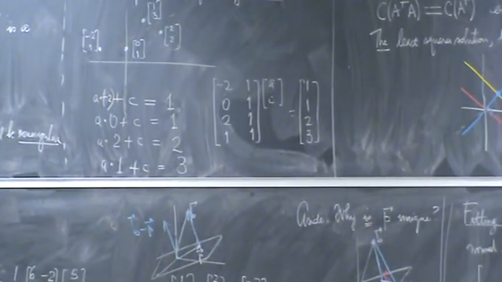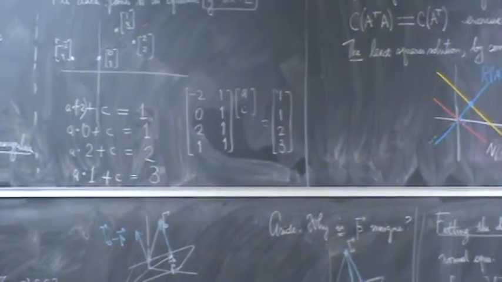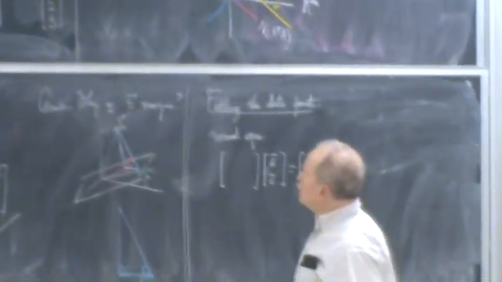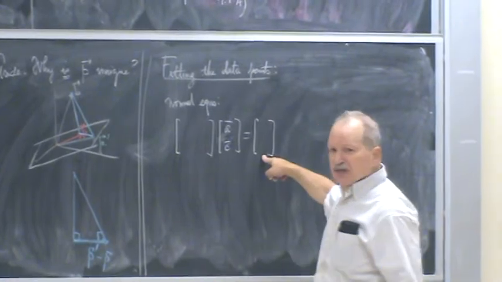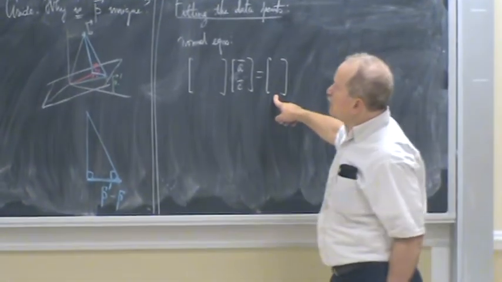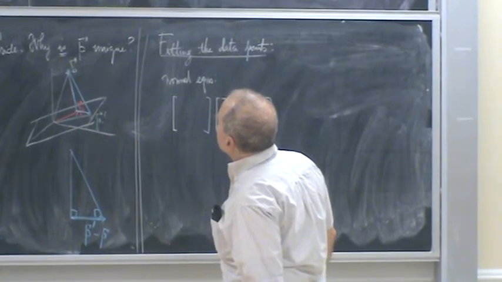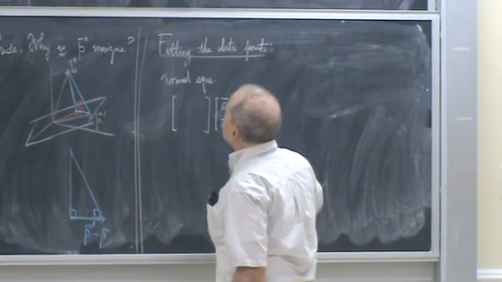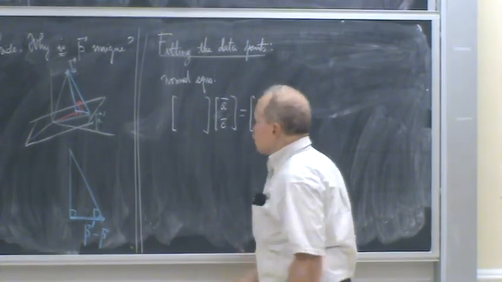Wait, are you doing A transpose A or are you doing A transpose B? A transpose B. 3 plus 2 is 5. I'm getting 9, 4, and 7. 5, 6, 7, okay. What's A transpose A?